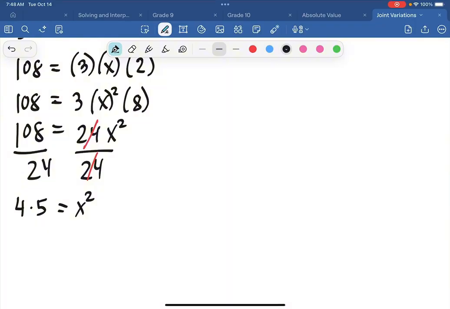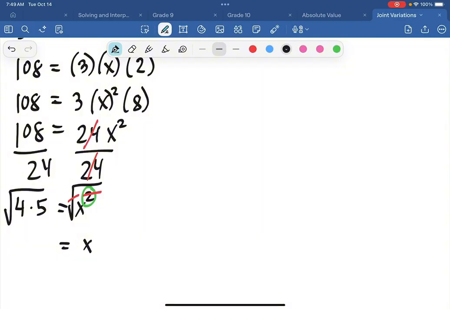Now based on this, if you still remember one of the methods in finding the value or values of x, through extracting square roots, in order to cancel our perfect square, or the square symbol, all we need to do is take the square root. So square root both sides, and then this one here will be cancelled. So we are left with x.